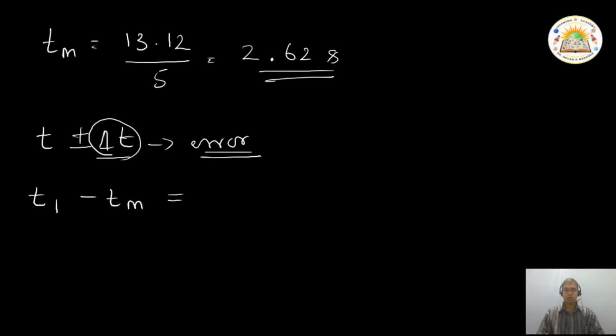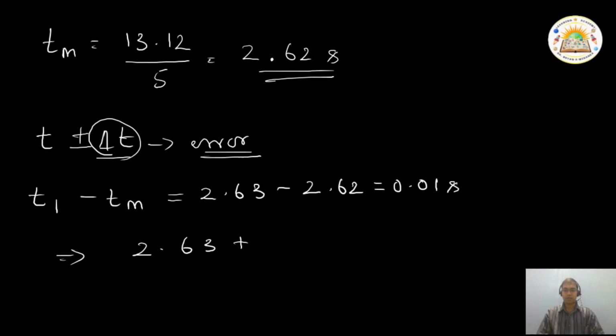So 2.63 minus 2.62 is equal to 0.01 second. That means my measured time is 2.63 plus minus 0.01 second. So it can be less by 0.01 or it can be greater by 0.01. So this is the error that is there.